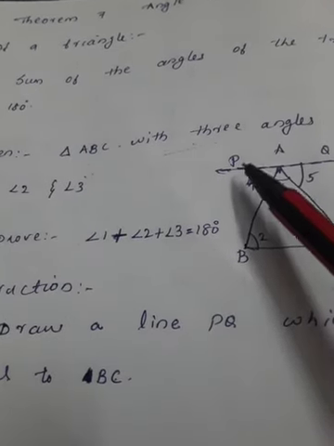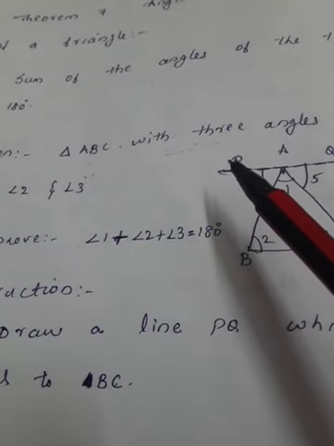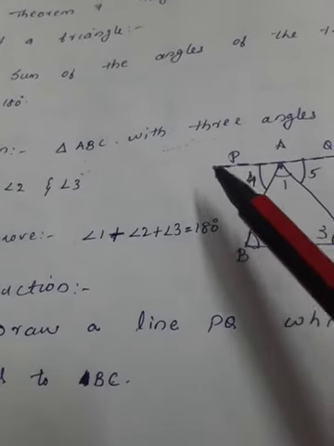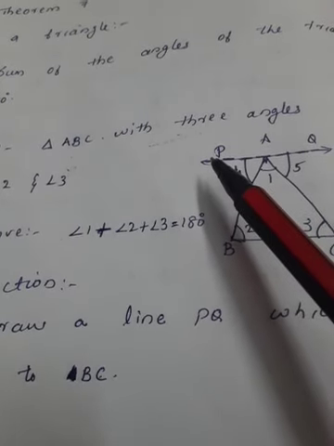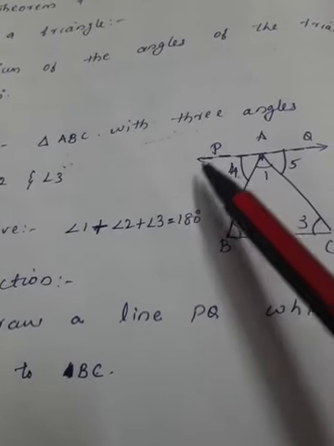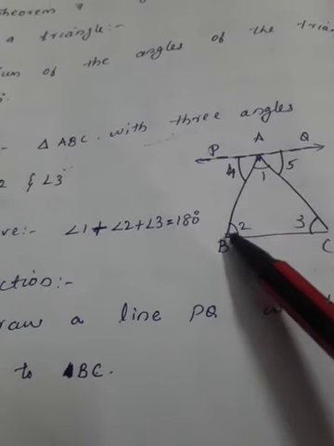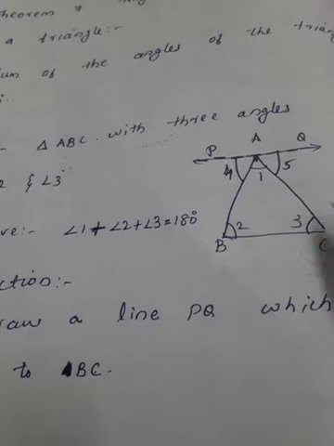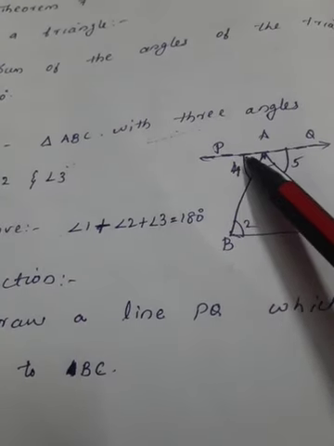Okay, for that we need an additional construction. This additional construction of the theorem proof we want to remind. So the additional construction is PQ through the vertex A such that it is parallel to BC. PQ parallel to BC. That is the construction.